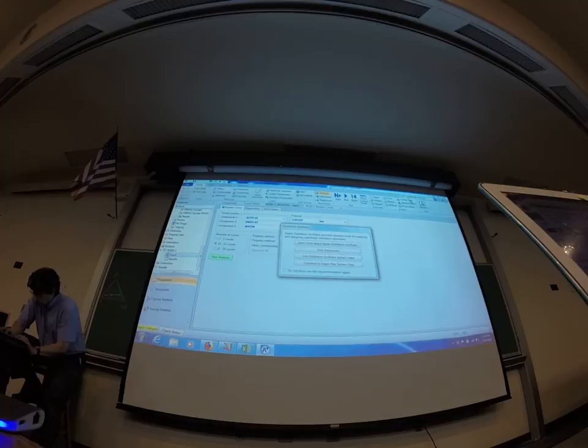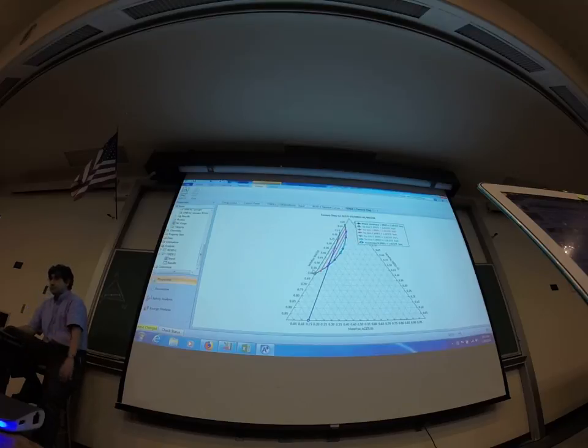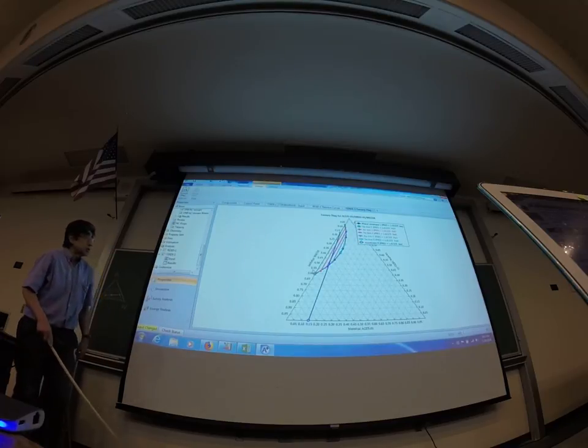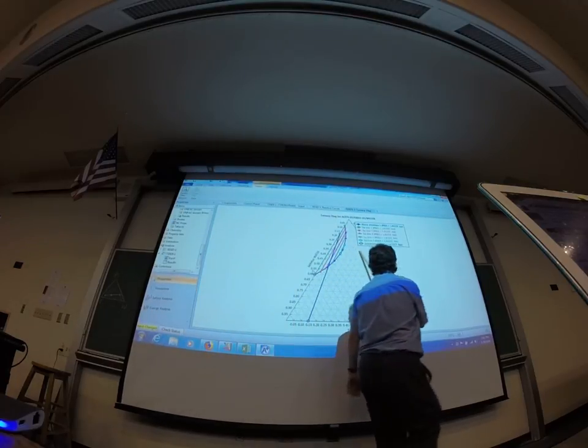Ternary diagram, sorry, that's what I want. Ternary diagram. Analysis. Here we go. So, for each set of parameters, you can get a ternary diagram like that.